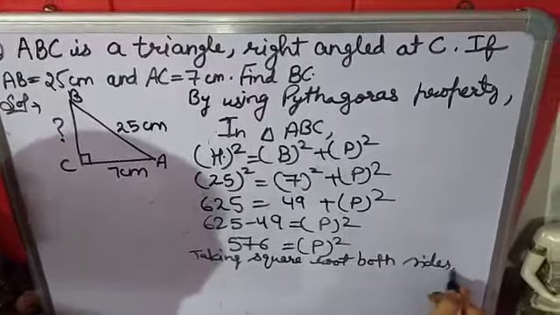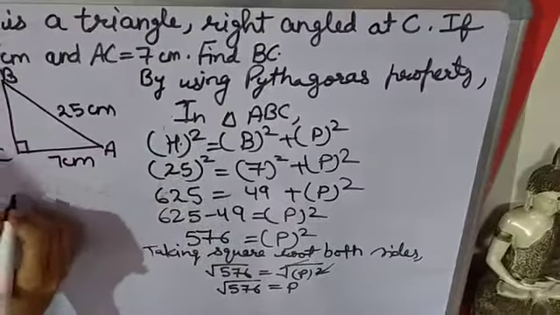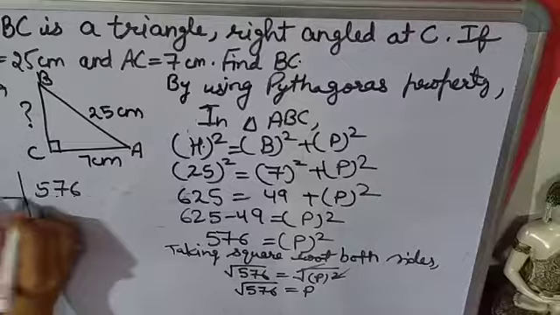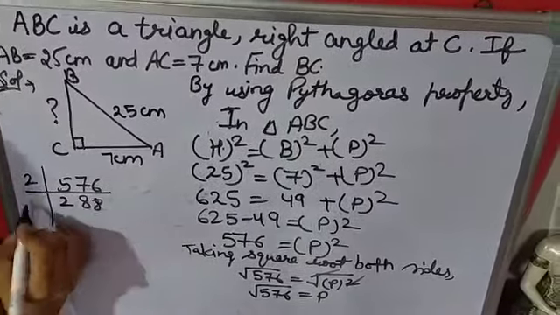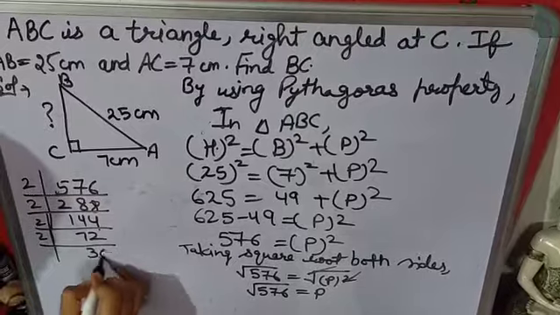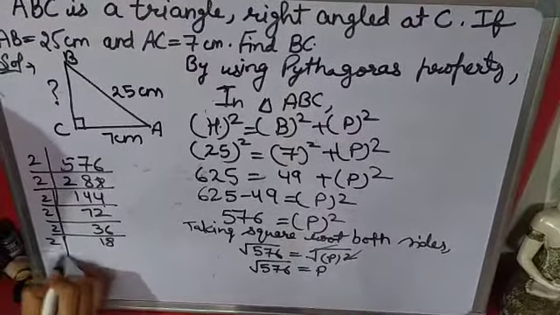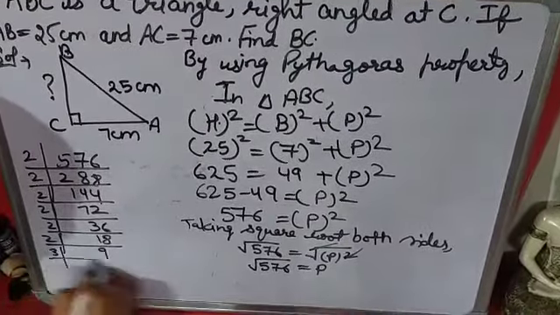Square and square root cancel, so it will be square root of 576 is equal to P. Now find the square root of 576. Like this, 1 2 3 4 5 6, then 3.